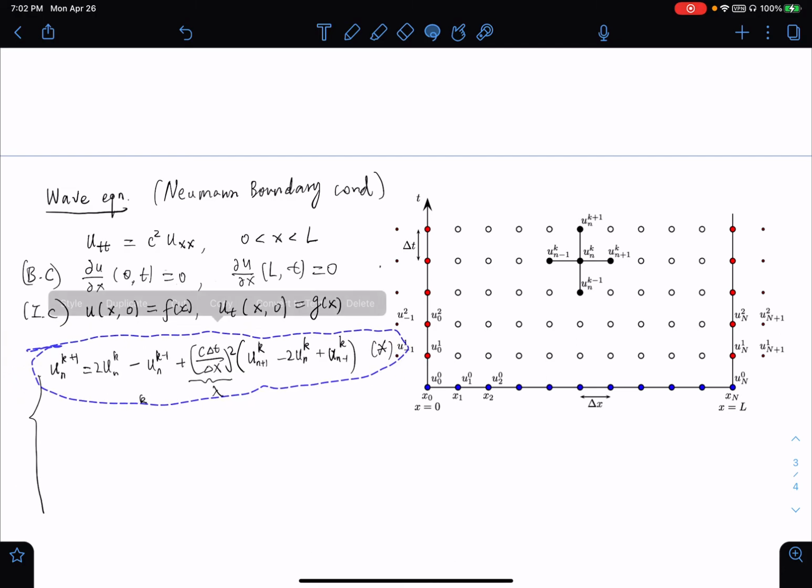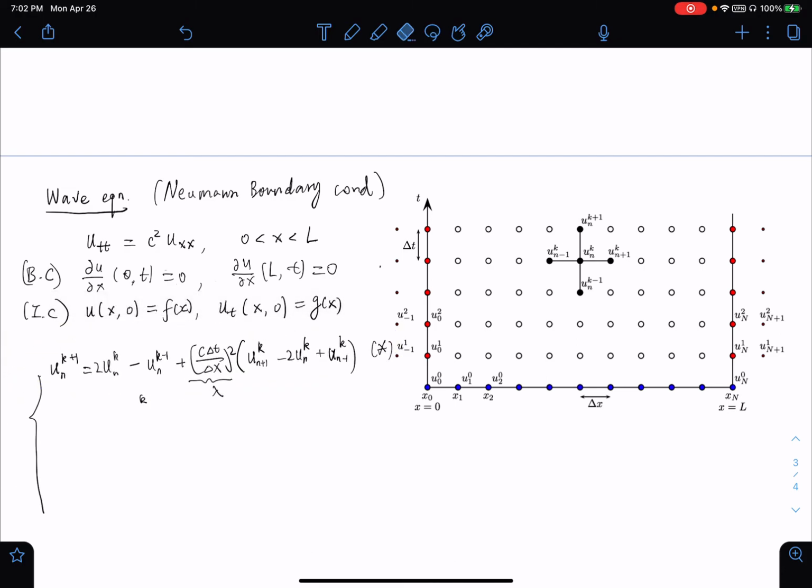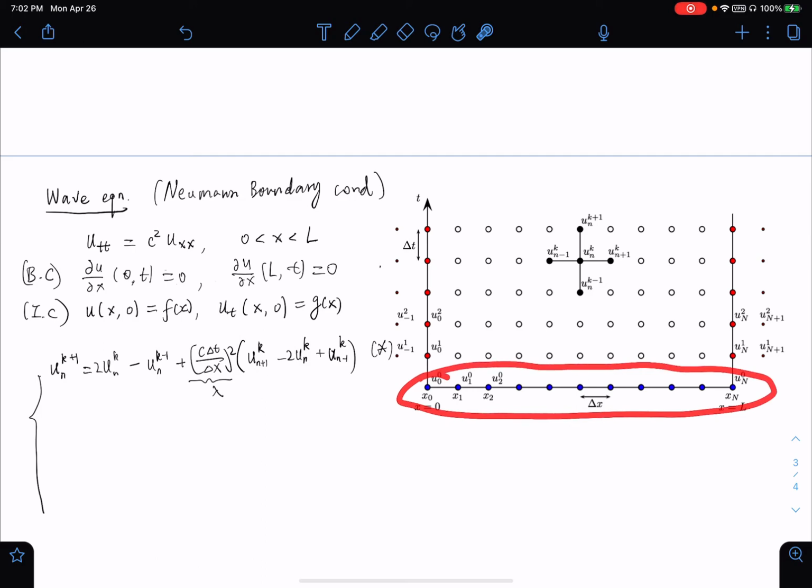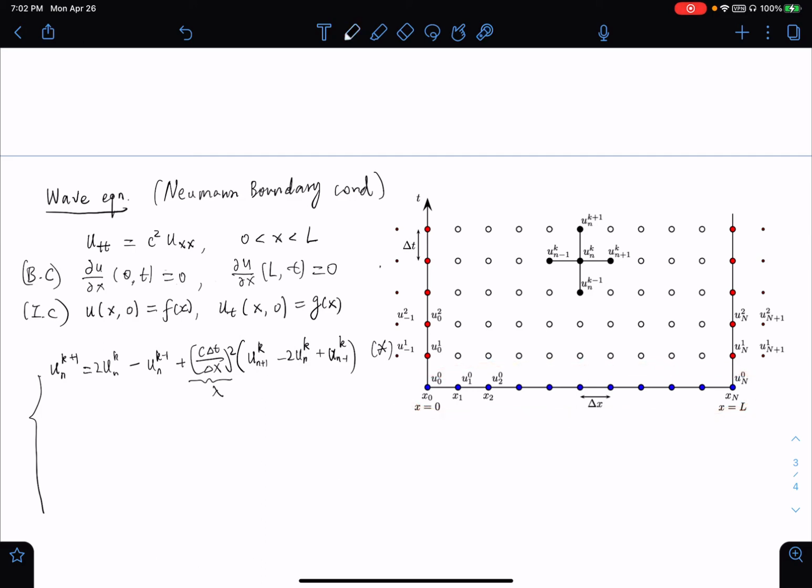Okay, so now we have the discretization of the equation. And for the initial condition, it is the same. So we can have these values just like before. In other words, we have u at time step 0 for all n equal to f of x_n.